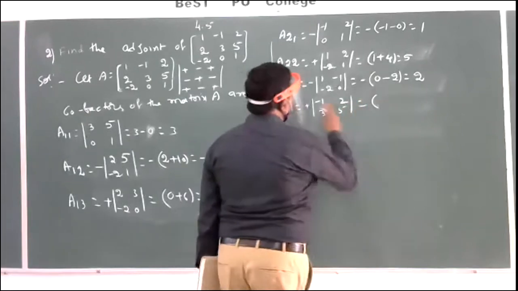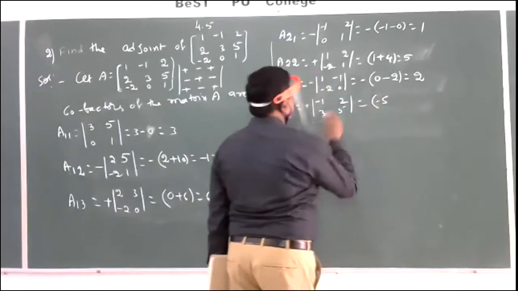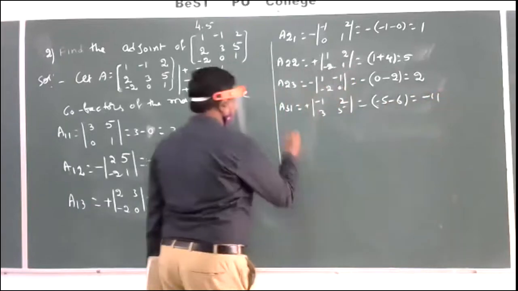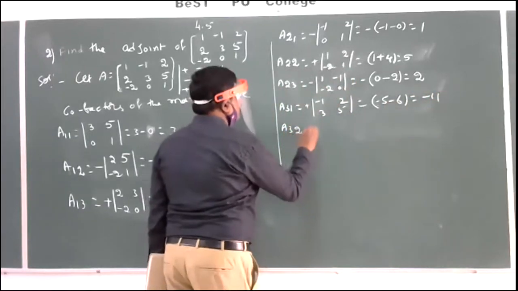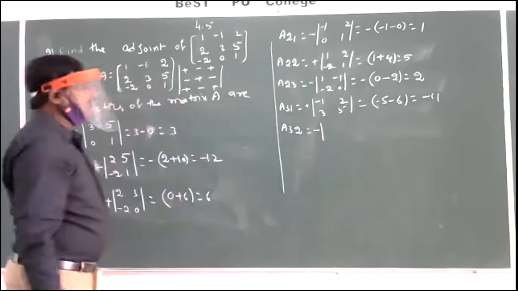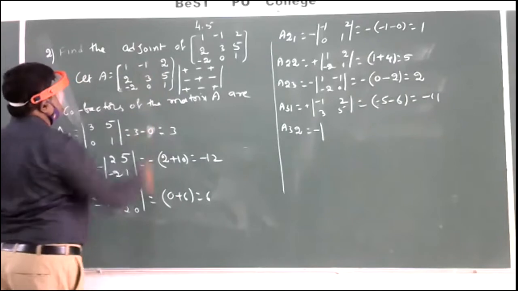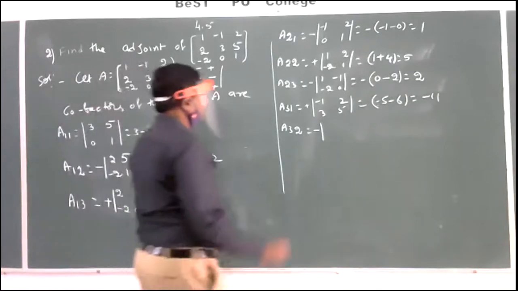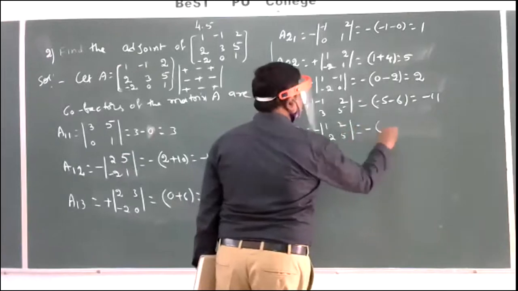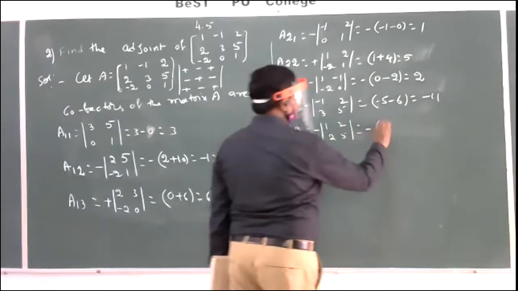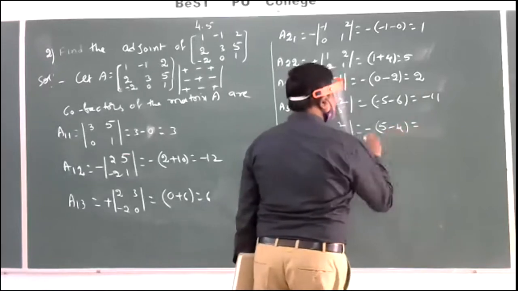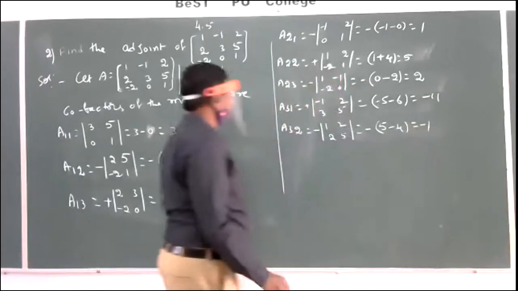This is equal to minus 1 into 5 minus 5, 3 into 2 minus 6, that is minus 11. A32, minus, leaving the third row and second column, [1, 2; 2, 5]. This is equal to minus of 1 into 5, 5 minus 4, 1, it is minus 1.